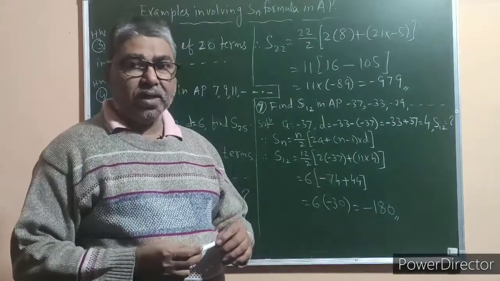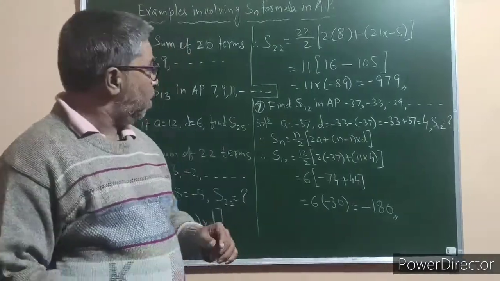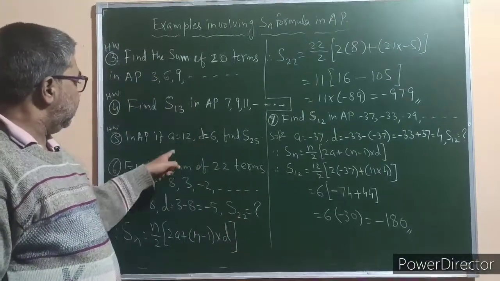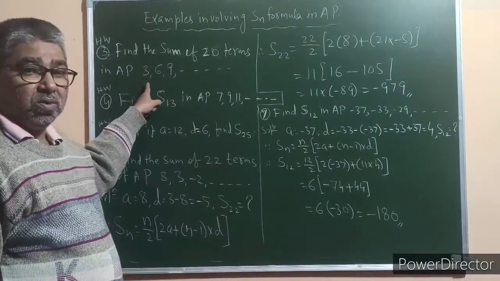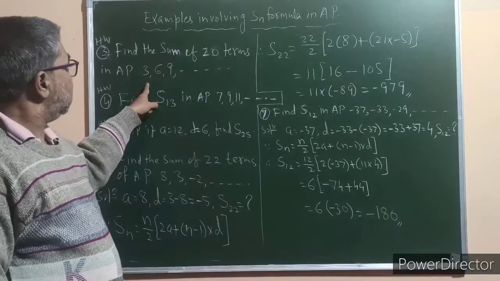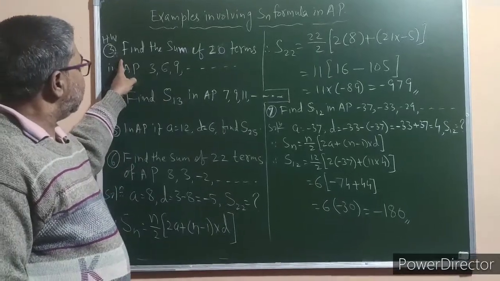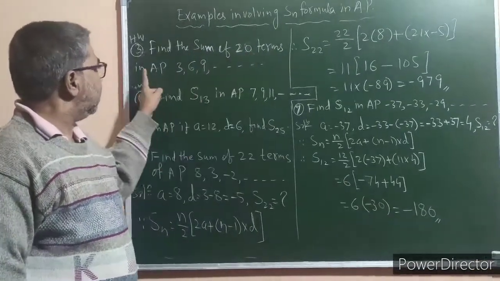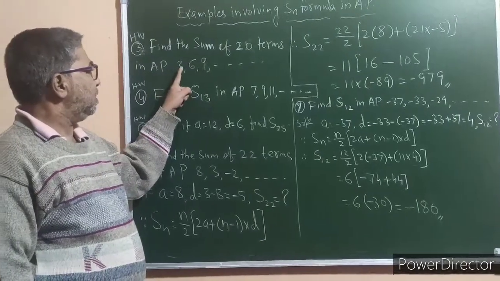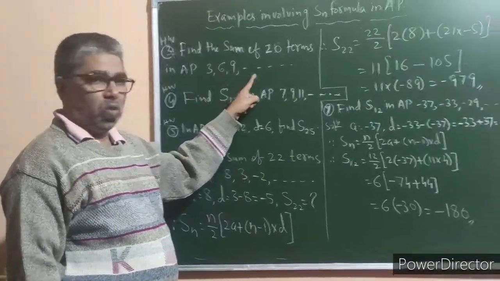So dear students, let us solve 2 more examples, but before that, 3 examples I have written on the board as homework. The first example is: find the sum of 20 terms in the arithmetic progression 3, 6, 9, and so on.